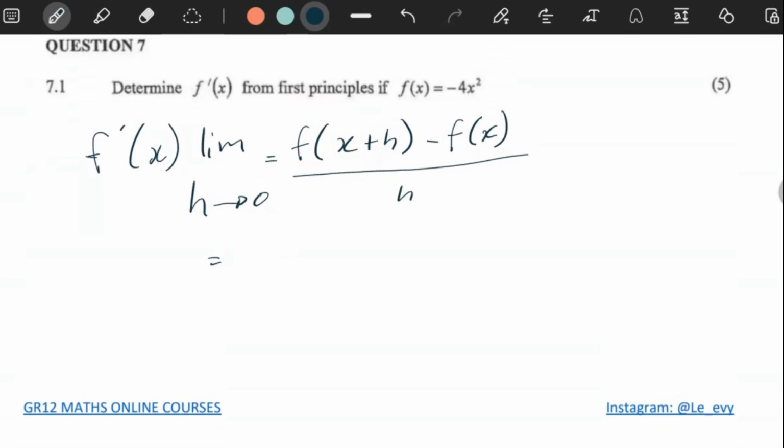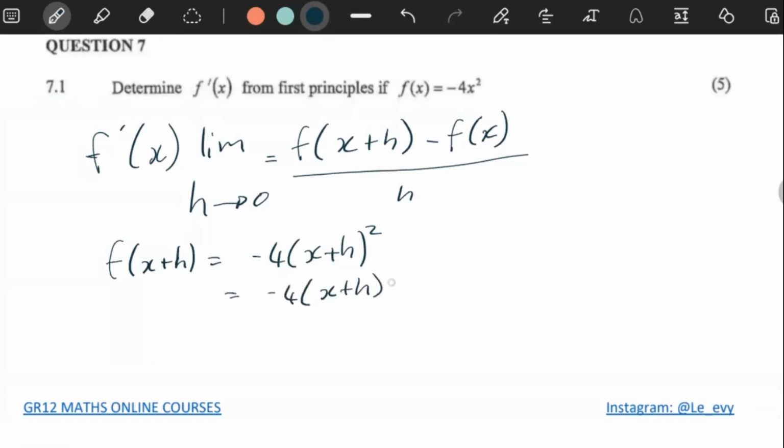So we're going to have here x plus h squared. We're just trying to simplify f of x plus h first. So in doing that, we have here negative 4 times x plus h, again squared. Then here we have x times x, x times h, x times h, and h times h.